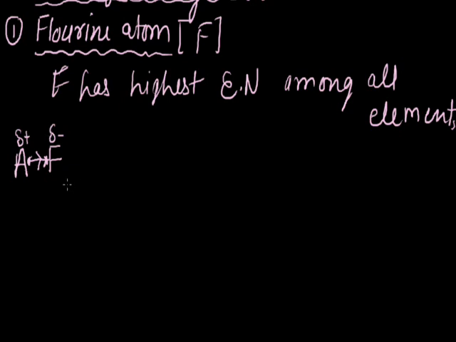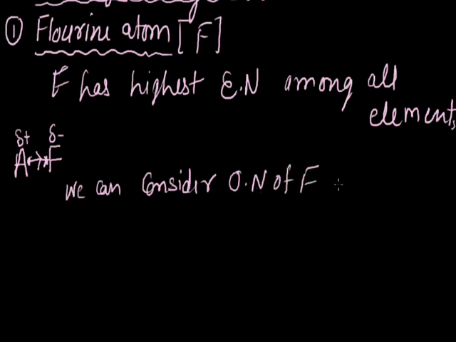So we can consider the oxidation number of fluorine is equal to -1. So we can say that there is not a significance of delta negative. It is wrong.